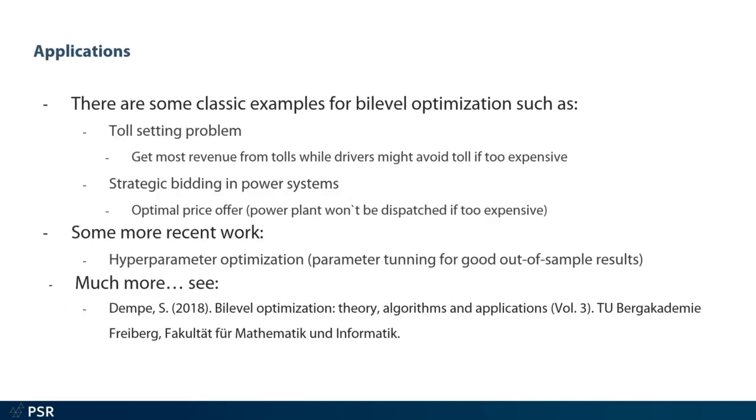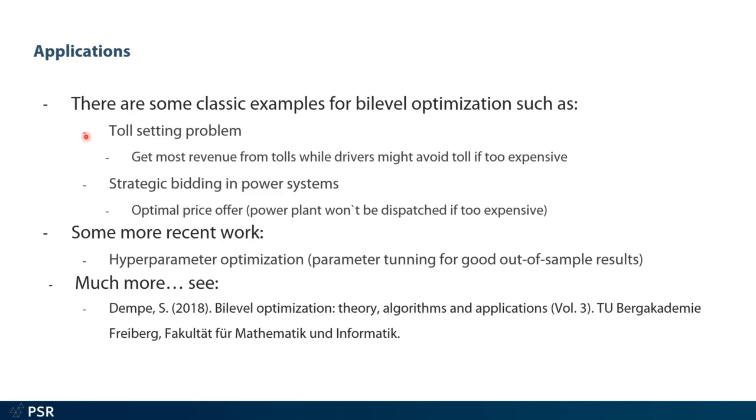Now some applications and a little bit of motivation for bilevel optimization. Some classic applications of bilevel optimization have been employed in the operations research and management science community in the last decades.